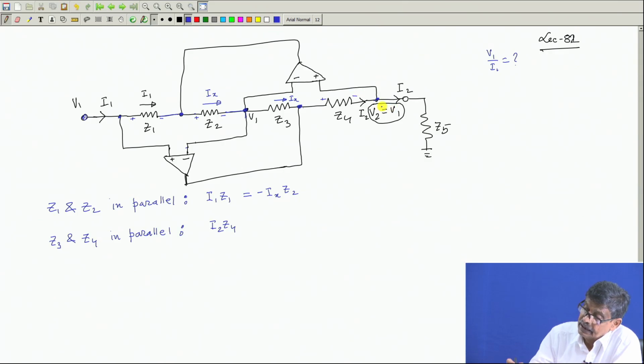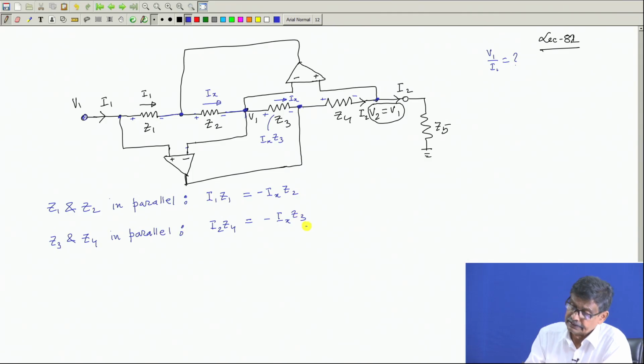And the potential difference between these two, this is plus, this is minus, is Ix into Z3. Is that not so? So, this I2 into Z4 voltage is plus, and here it is minus. So, it will be once again negative, minus Ix into Z3. This will be the thing.